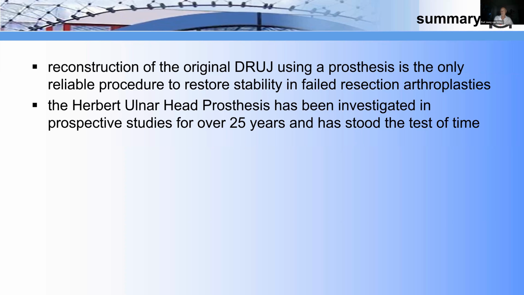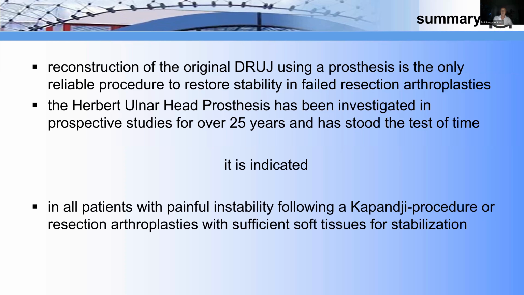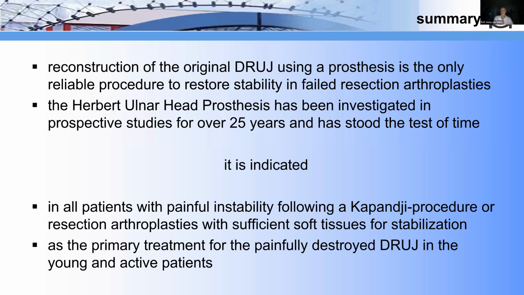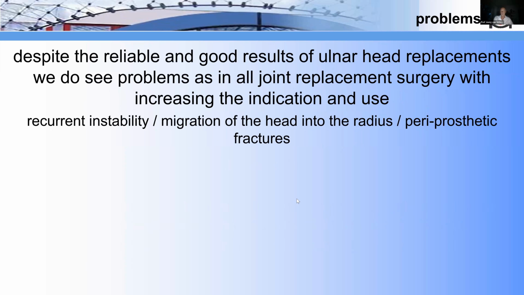Yes, I think it has stood the test of time. It is indicated in all patients with painful instability following a Carpentier procedure or resection arthroplasty, if we have sufficient soft tissues for stabilization, and it is indicated as a primary treatment for the painfully destroyed distal radial ulnar joint in the young and active patients.